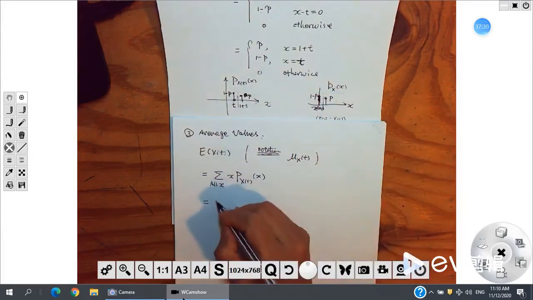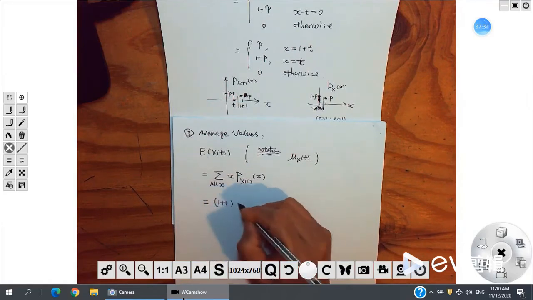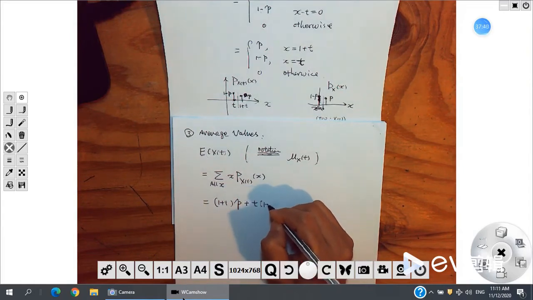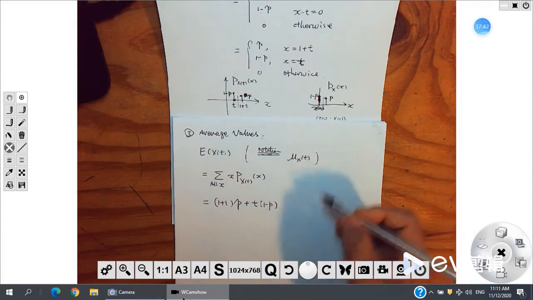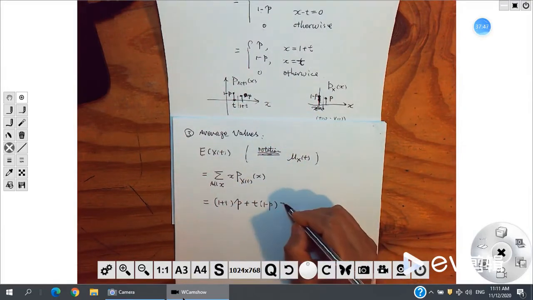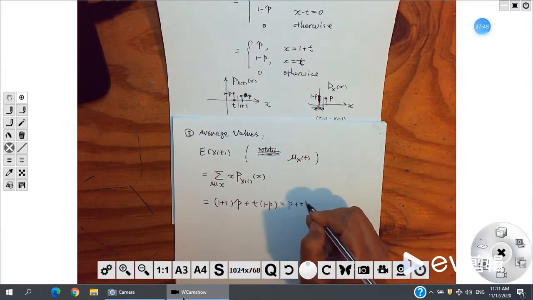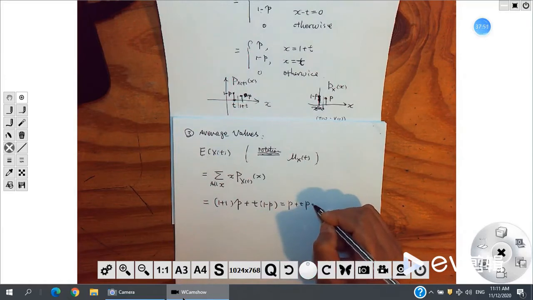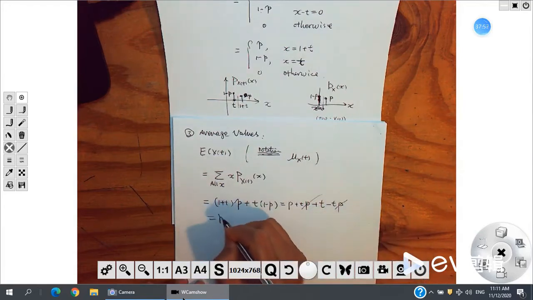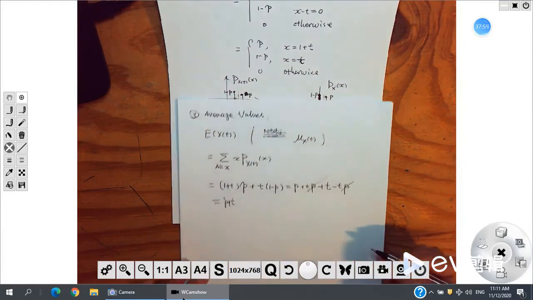So x is 1 plus t with probability p, and when x is t with probability 1 minus p. All the rest of the probabilities are zeros, so we only need two terms. Then this is p plus tp plus t minus tp. So these two cancel. So it's p plus t. This is the average.